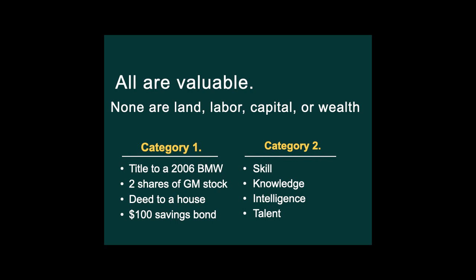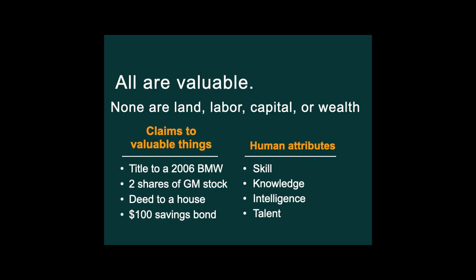So what is this first category of things? Proof of ownership. Exactly what I wanted you to say. How about this? Claim on valuable things. Proof of ownership, that was perfect.